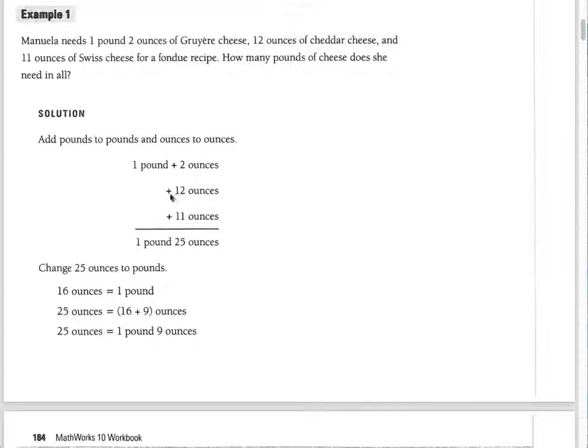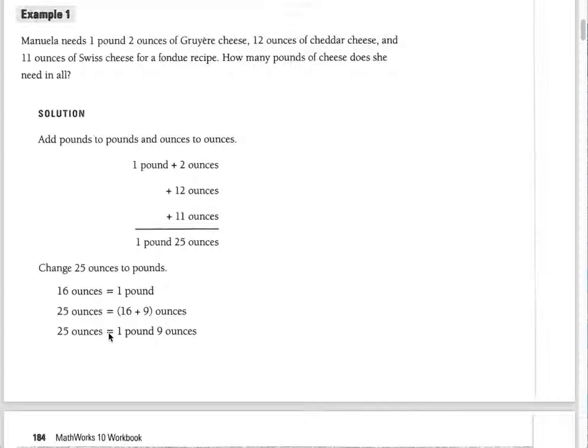Remember that 1 pound here is 16 ounces. So we can take this 25 ounces here and change some of this into pounds. 16 ounces of this can be removed and changed to 1 pound. So that's what they did here. The 25 ounces is really 16 plus 9, or 1 pound plus 9 ounces.